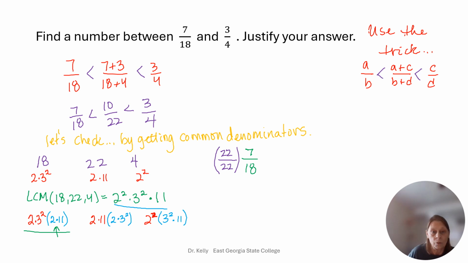And then I'll put our sign back in here. And let's look at our 10. What are we going to have to multiply that one by? It looks like we have to multiply it by 9 times 2, which is 18. So this one's going to be multiplied by 18 over 18. And that was 10 over 22.